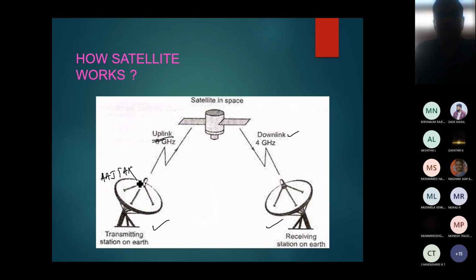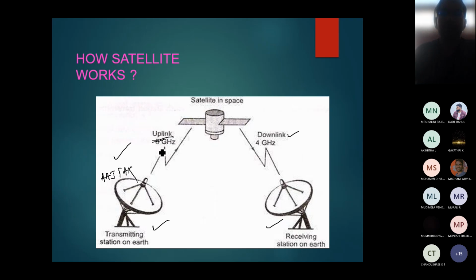They collect the news information at different places and transmit it to the satellite. And at our rooftop, we have a DTH antenna that receives the signal, or all the broadcasting information, from the satellites. So this is the process that happens in satellite communication.